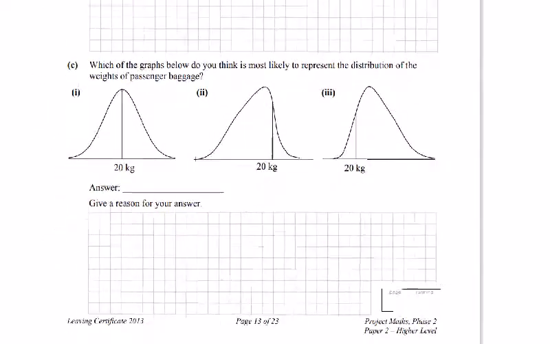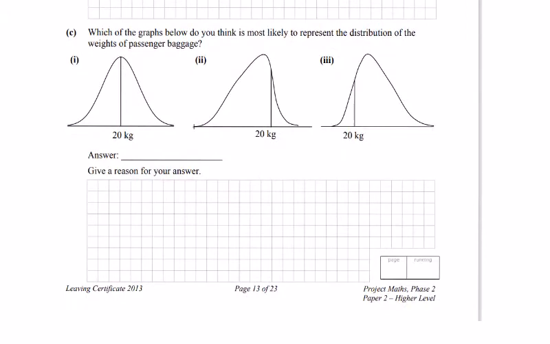More opinion-based questions. Which of the graphs do you think is most likely to represent the distribution of the weight of passenger baggage? Now, the first one is a normal distribution, so half and half. Some people with small amount of weight, normal distribution. The second one we have kind of here to here. We have a lot of people within this range, just before 20.